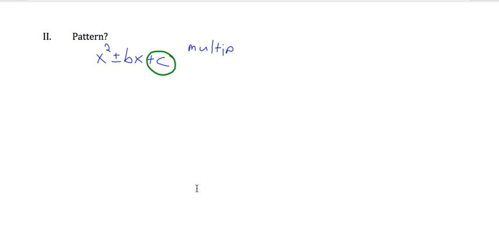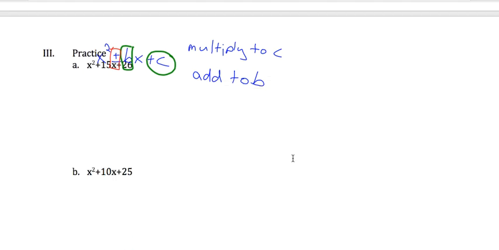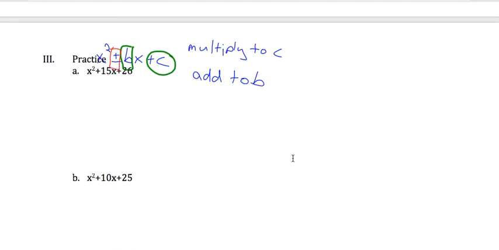So in this case, I've labeled that with a C. And you should be looking for 2 numbers that add to B. Okay, and then your signs in the middle are just going to be the same as these signs. Okay, so if you have a plus in the middle, they'll both be plus. If you have a minus in the middle, they'll both be minus. Okay, let's go to the back and look at an example of each.